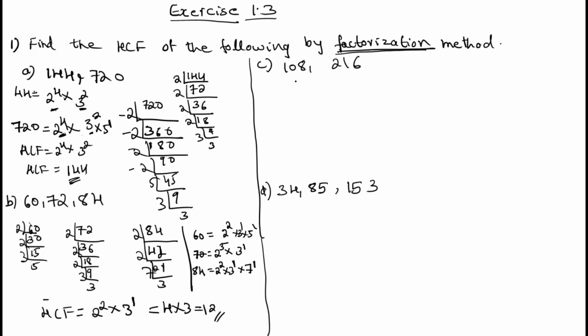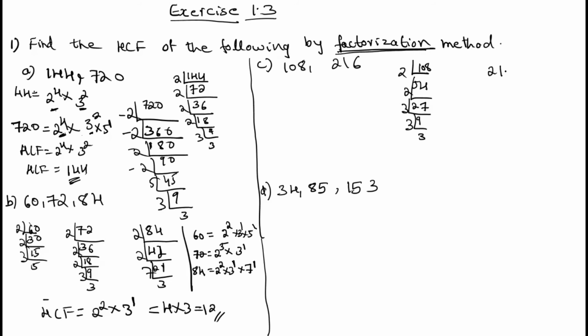See the next question. 108 and 216. First here I will take 108. 2 54s are 108, 2 27s are 54, then 3 9s are 27, 3 3s are 9.